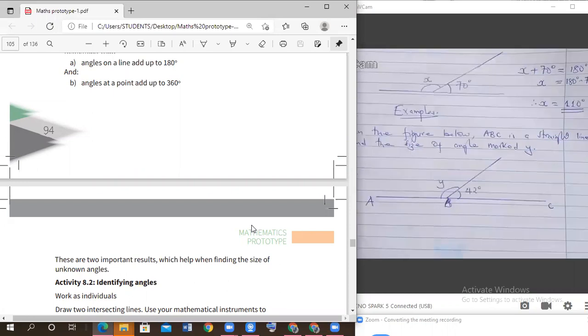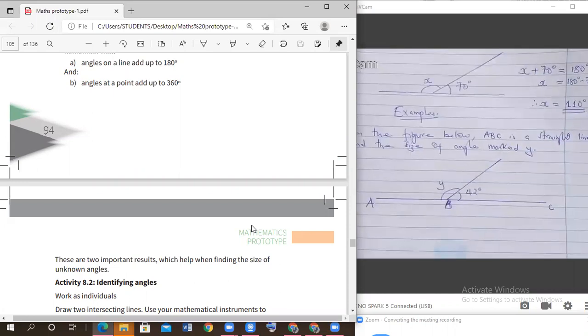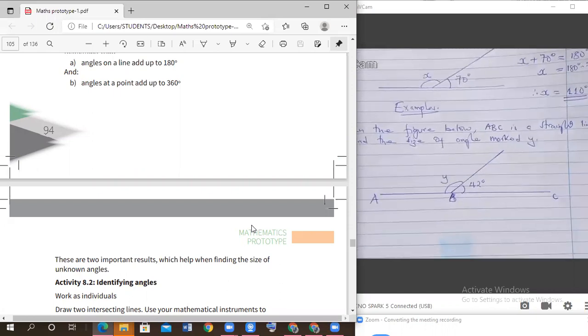So members, can you find for me angle Y? Work it out very fast. Which property are you going to use? Angles on a straight line. Work it out and give me the answer, please.